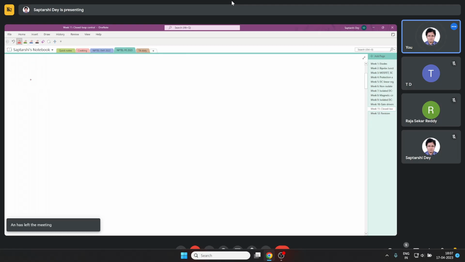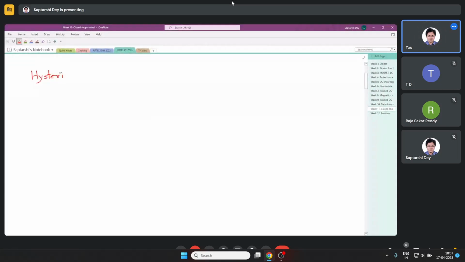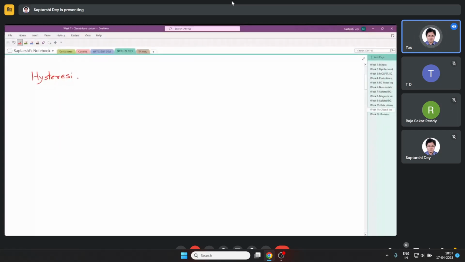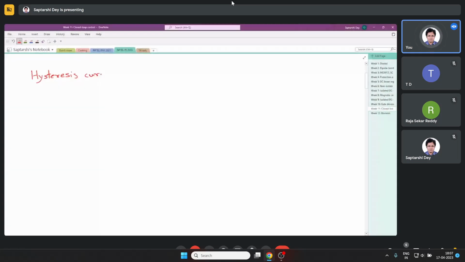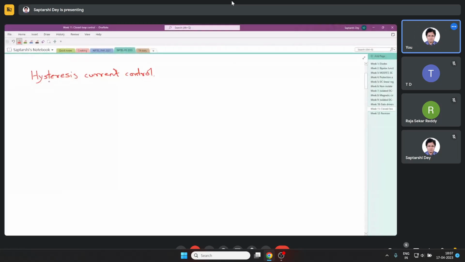Okay, so let me talk about one more way of current control, which is not only used in DC-DC converter, but used very popularly in many other controls also. Specifically, in electric machine control, this kind of current control is used, which is called hysteresis current control.